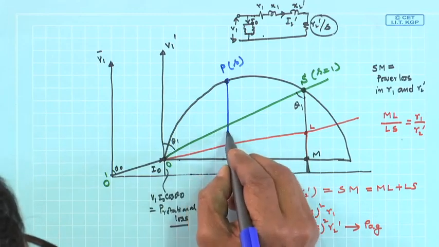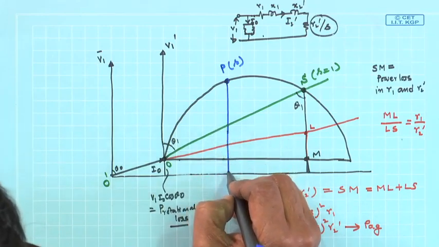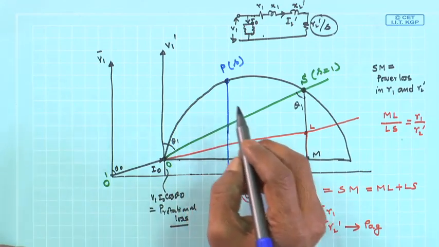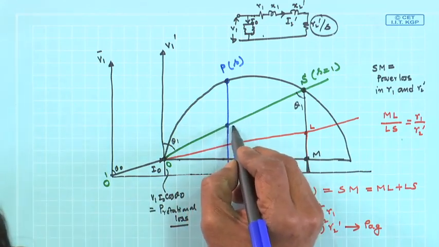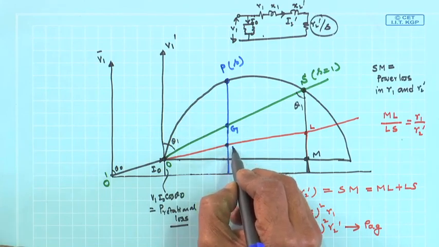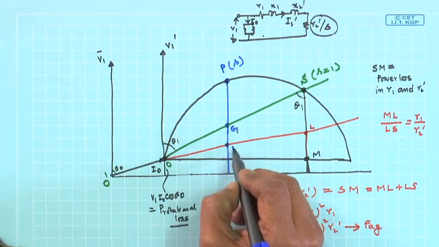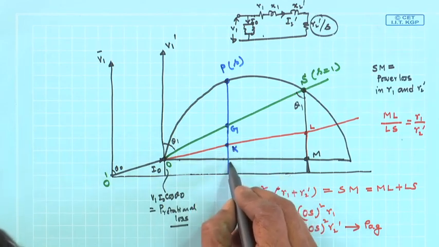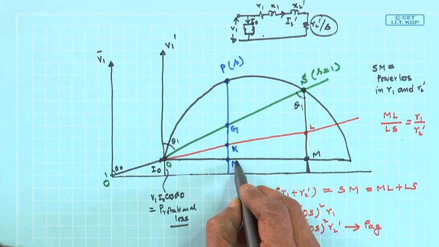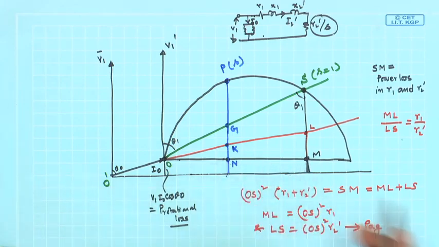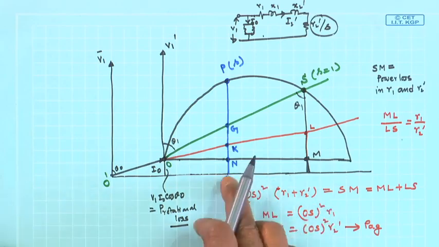Now, I will draw a perpendicular, and let us mark this point of intersection as G, this is K, and this point is say N. Here this length is of course that fixed rotational loss.